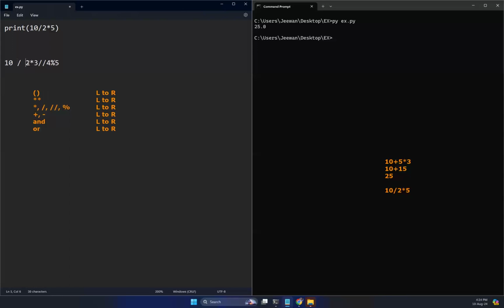Right, 10 divided by 2 multiplied by 3, floor division by 4, modulus by 5. Now what would be the answer here?